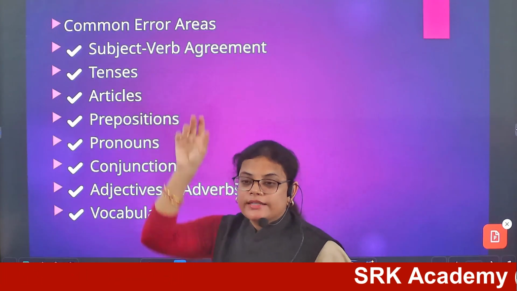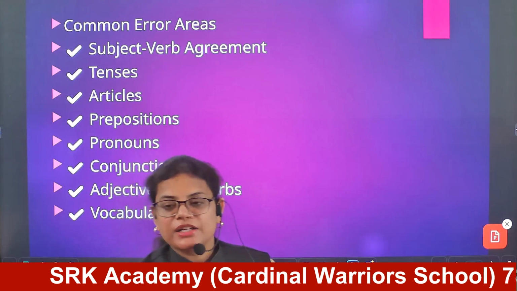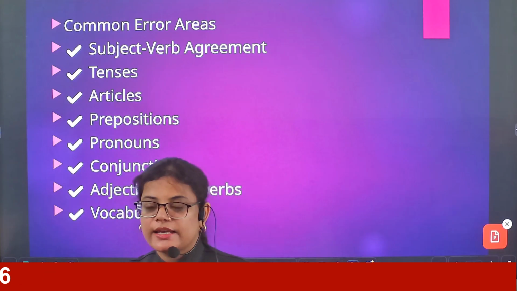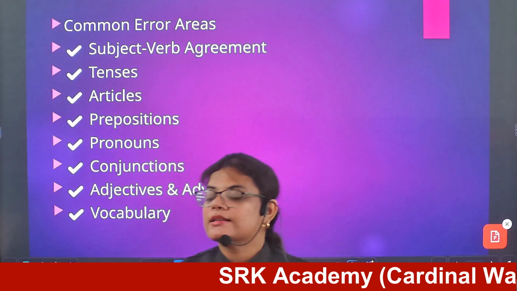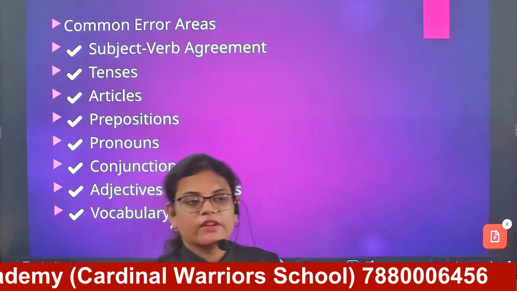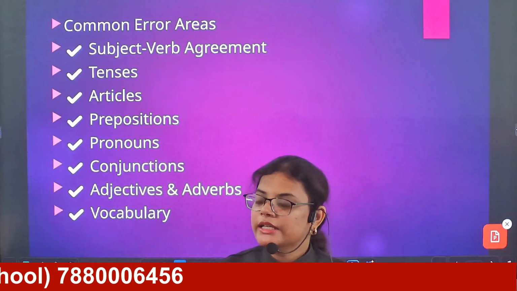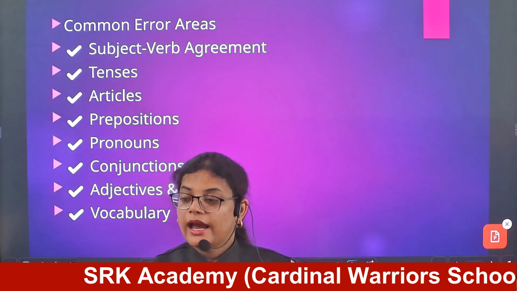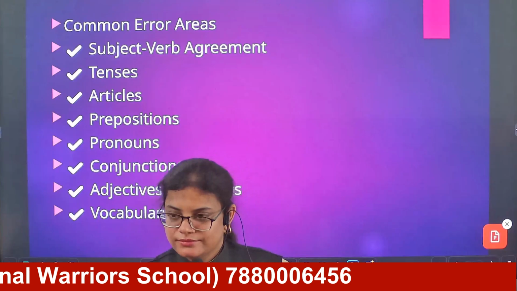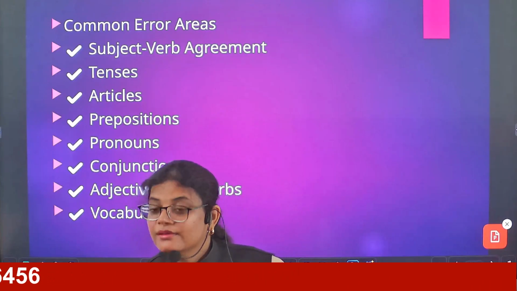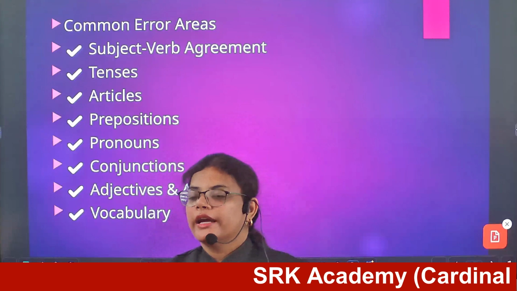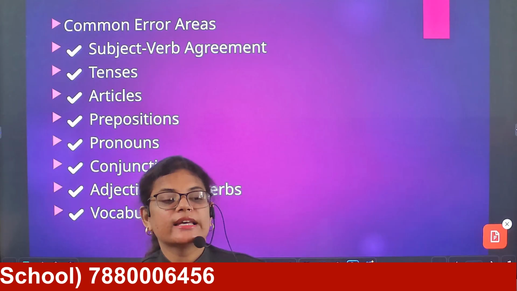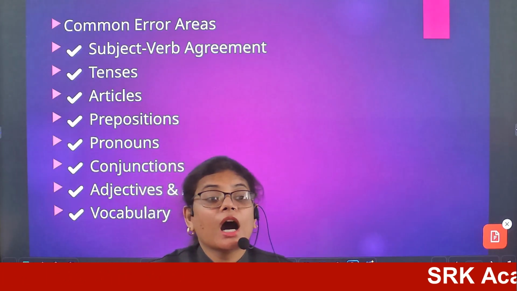See, yesterday I told you, I am dash M.A. in English. What will come? A, an or the? Some said a, some said an, some said the. The correct answer was an. In your examination, if the question comes, this teacher is dash M.A. pass, and in that blank area it is written a, so what is the error? The error is that instead of a, an will come, because M is producing the sound of 'am'.